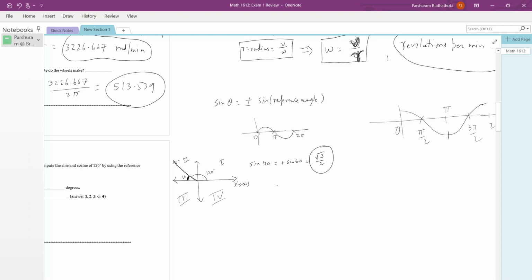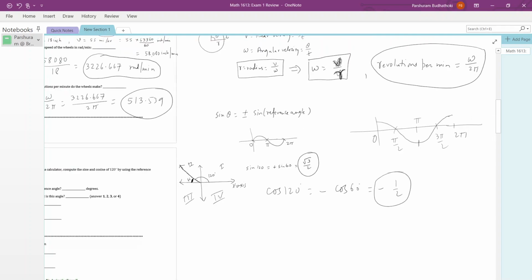So that means cosine of 120 degrees is the negative of cosine of the reference angle for 120 degrees, which is 60 degrees. So it's a negative of half, because cosine of 60 is half. So these are the two values.